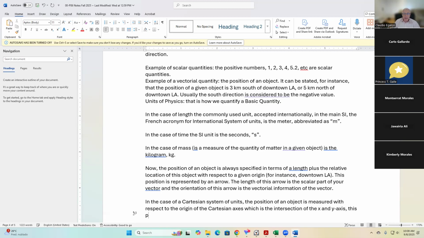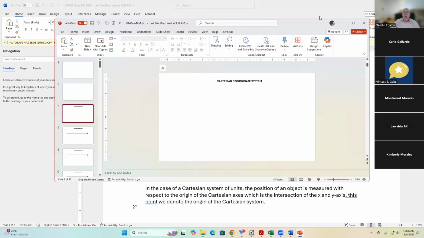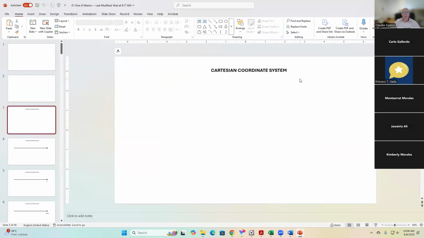This point we denote the origin of the Cartesian system. I'm going to start showing some illustrations. It's always good to come up with illustrations, so you can have a pictorial idea of what you're talking about.